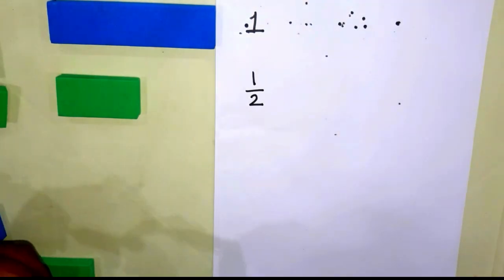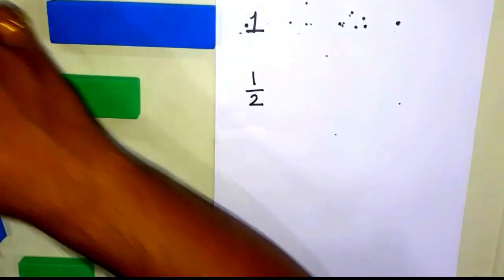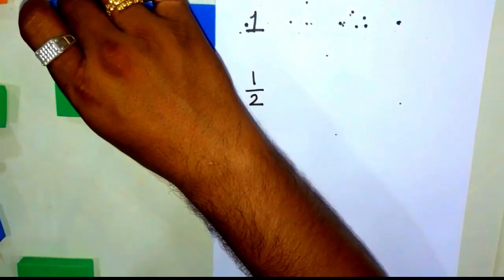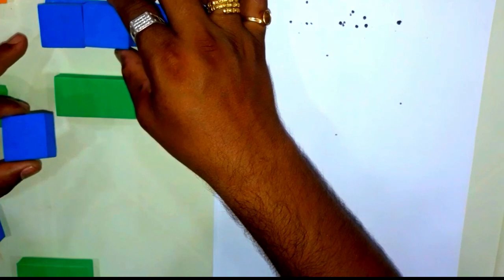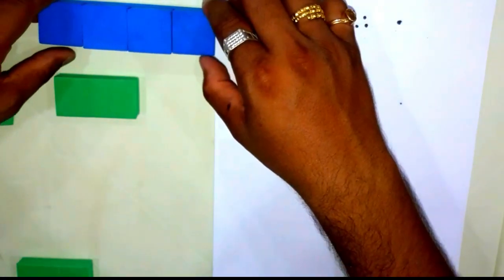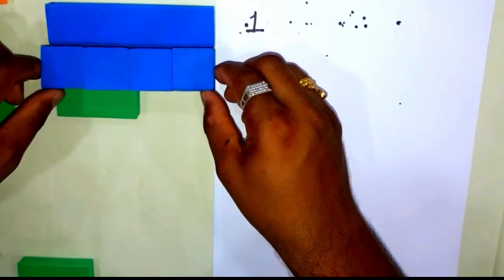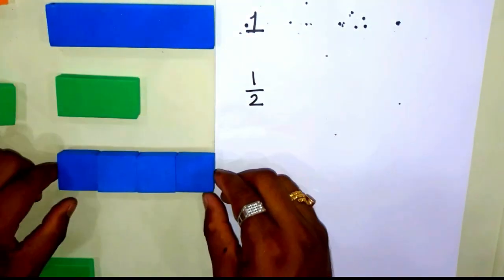Now let's divide this rectangle into four equal parts with the help of this square. 1, 2, 3, 4. Now you can see the one rectangle is now divided into four equal parts.